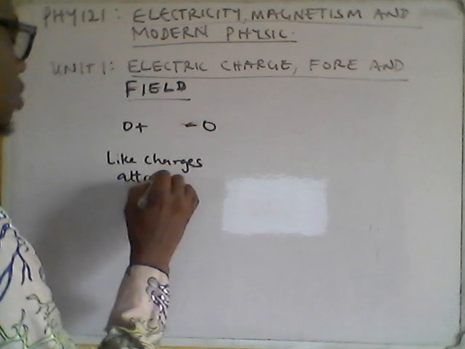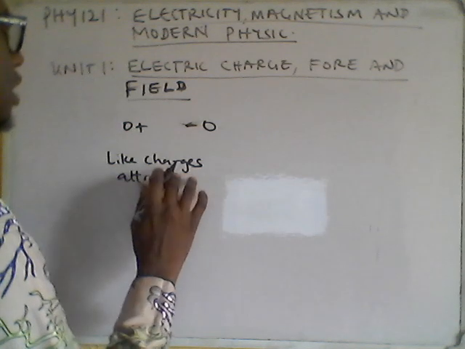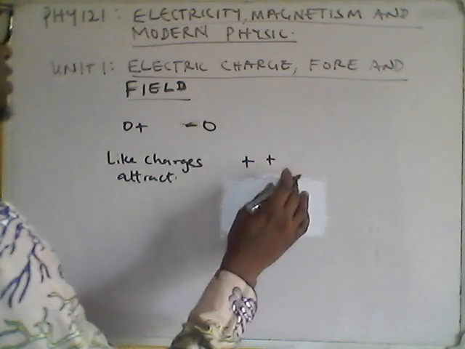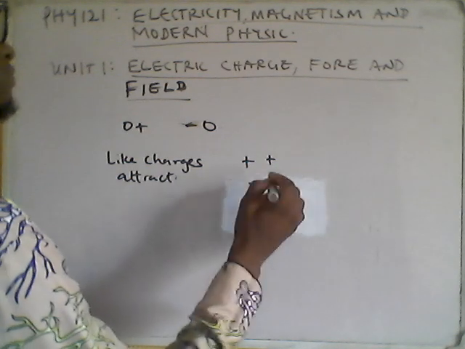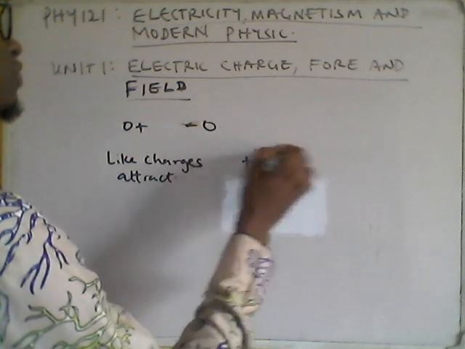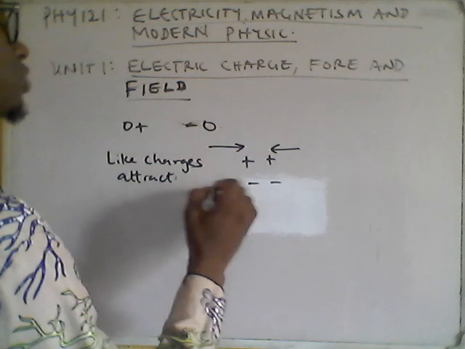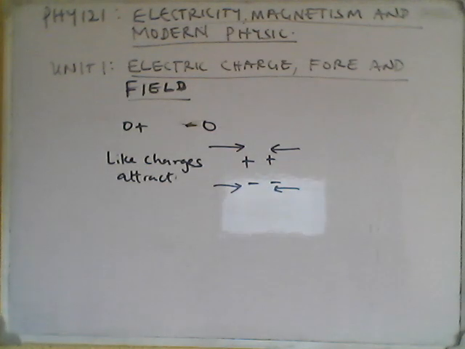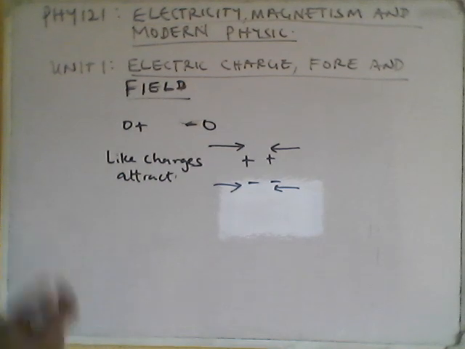This is the hallmark of like charges. If I have positive and positive, these are like charges. They are the same. And negative, they attract. So the force of attraction makes the vector go this way. They tend to come together. A force pulls them together.